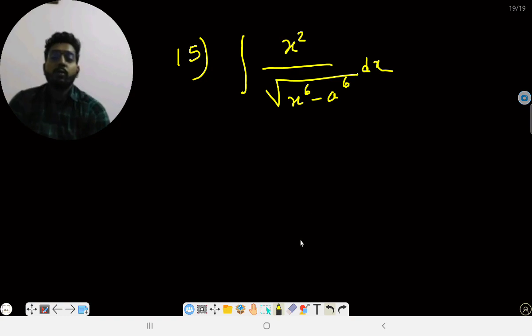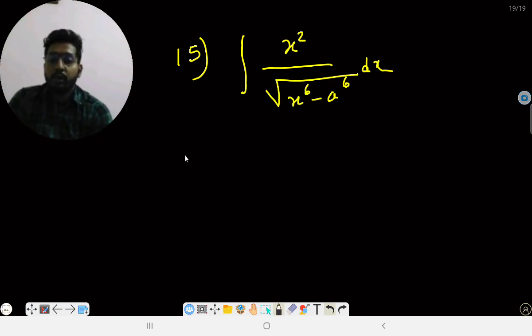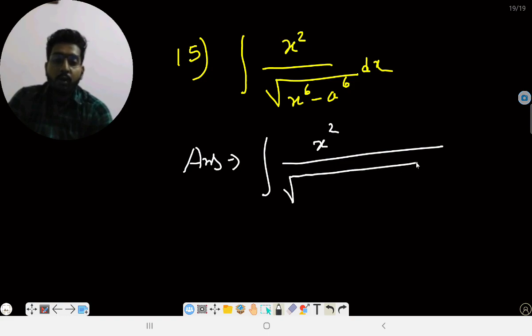Now how to solve this type of problem? Integration of x square by this one. First of all, x to the power 6 means x cube whole square, and this is a cube whole square, dx.